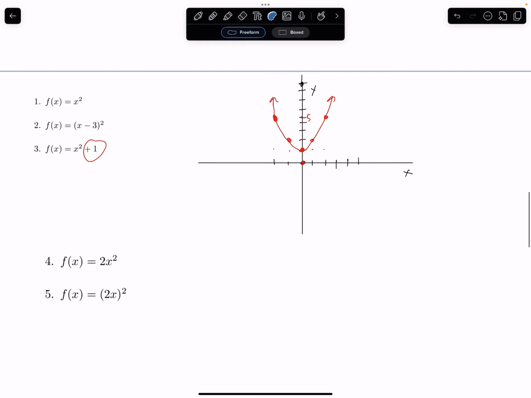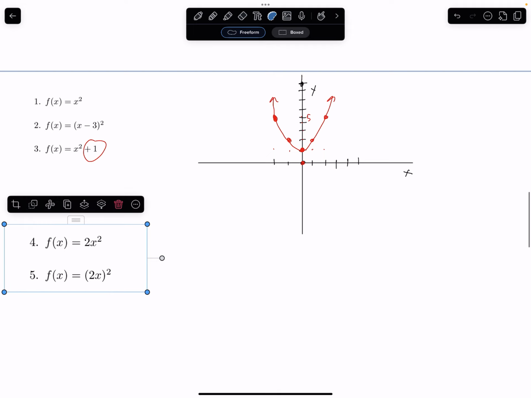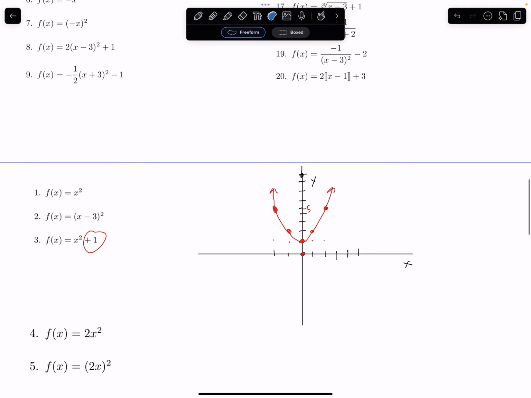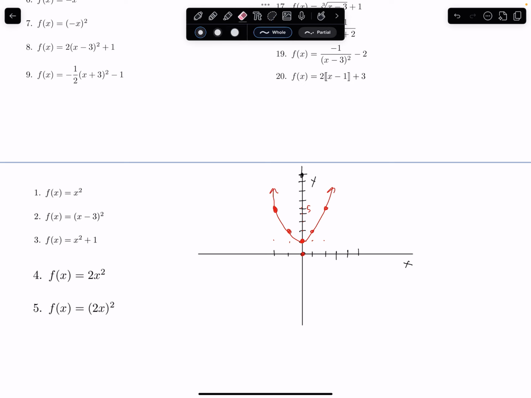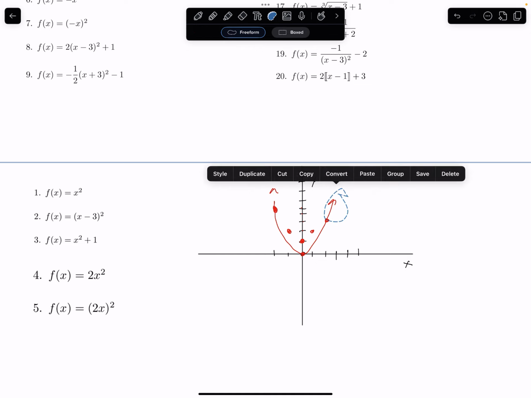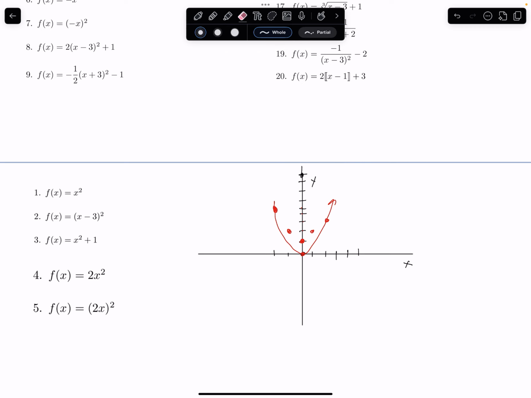Okay, so here it is. And again, I want to keep my original function in mind. If you remember the original function, it was a parabola, right? The original f of x equals x squared.